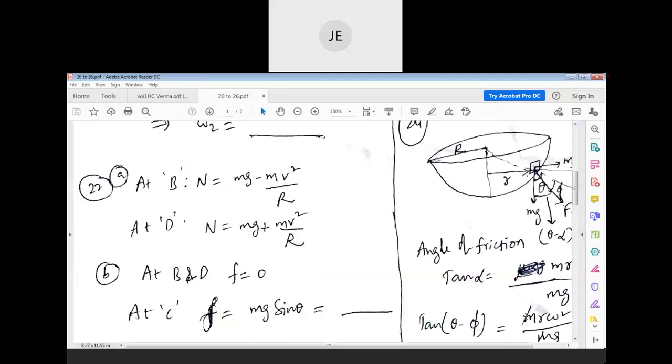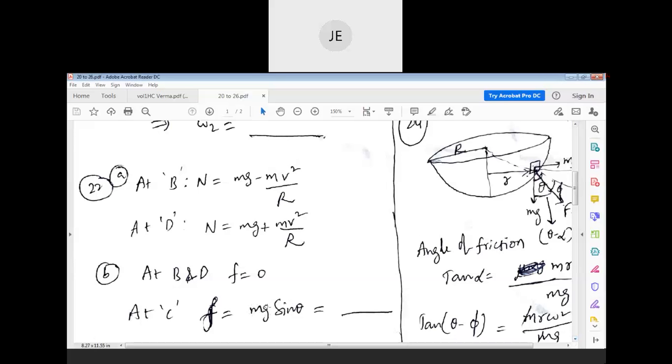At C, the frictional force is mg sin theta. M is there, g is there, but theta you have to find out. What could be the theta here?